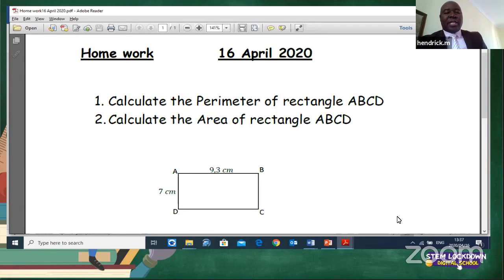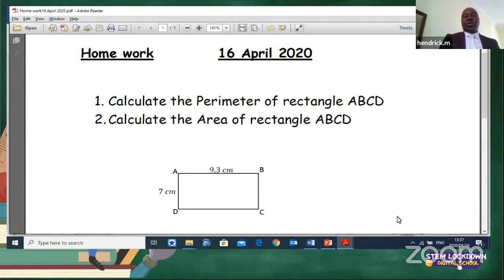The second one, calculate the area of rectangle ABCD. The rectangle has a length of 9.3 centimeters and a breadth of 7 centimeters. All that you need to do is to calculate the perimeter as well as the area of the rectangle.